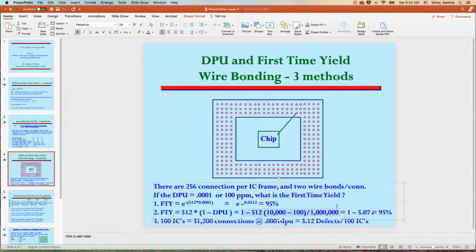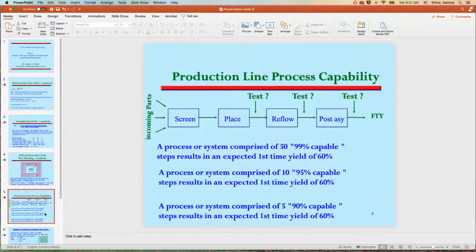That's 512 defects per 100 IC. So essentially, you can do it one of 3 ways. Either do it using the first time yield, E to the minus number, or use the approximation, or use the total defects, total opportunities for defects, and you get the same number, which is 500.